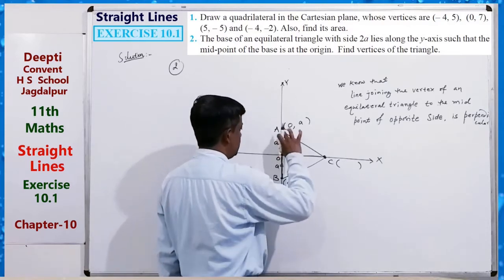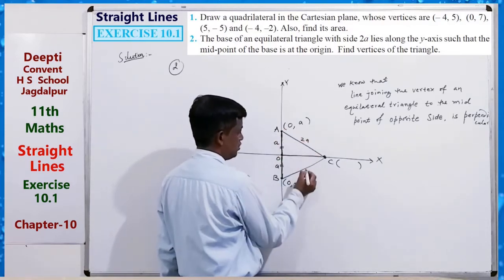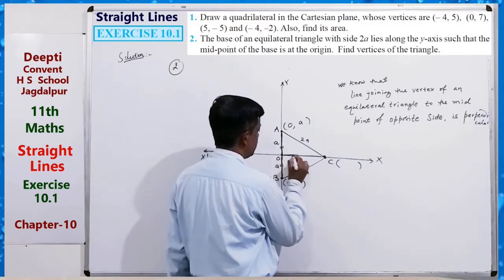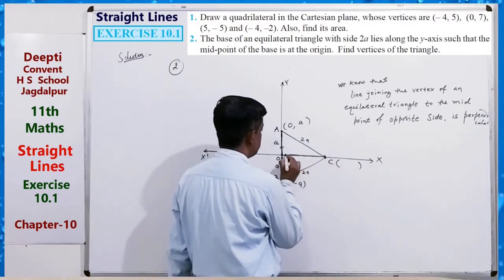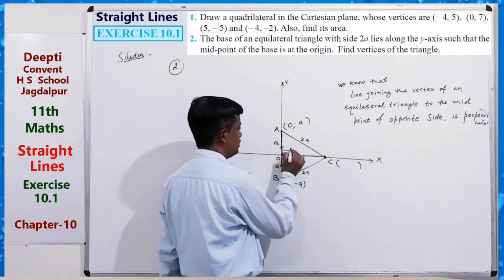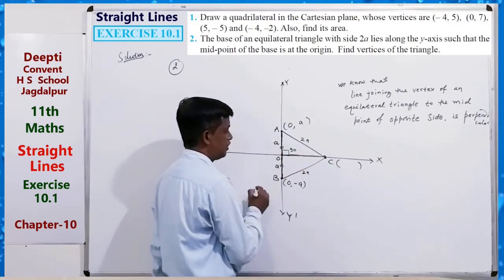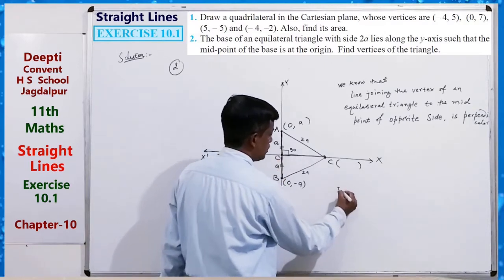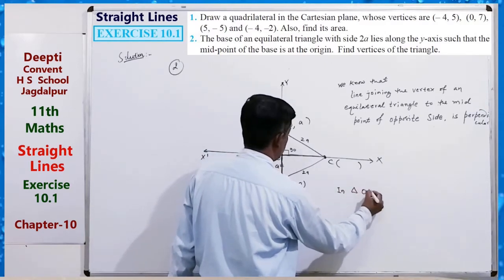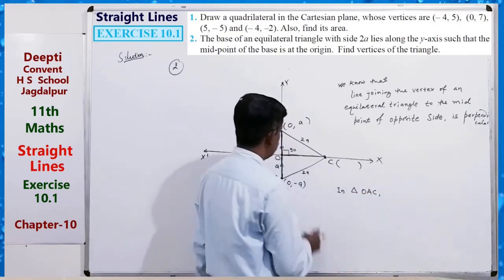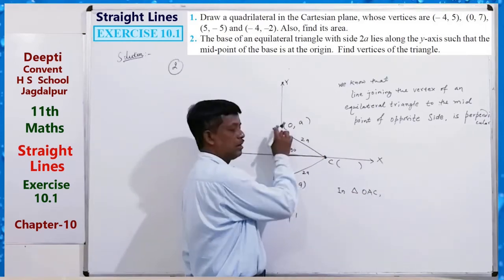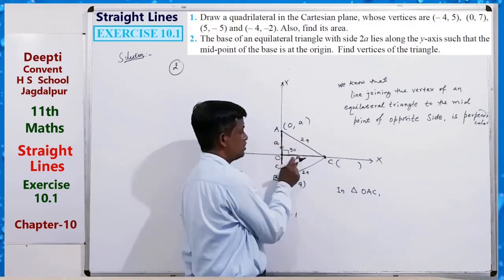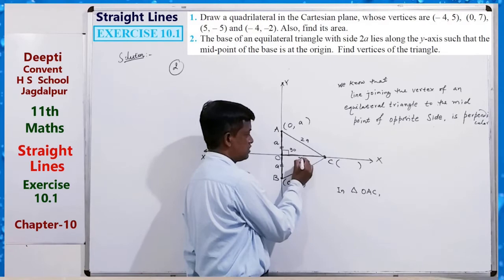Now this is a, this is 2a, also this is 2a, so we can find this value, because this is 90 degrees. So in triangle OAC, in this right angle triangle, hypotenuse square equals this square plus this square. Suppose this is x.